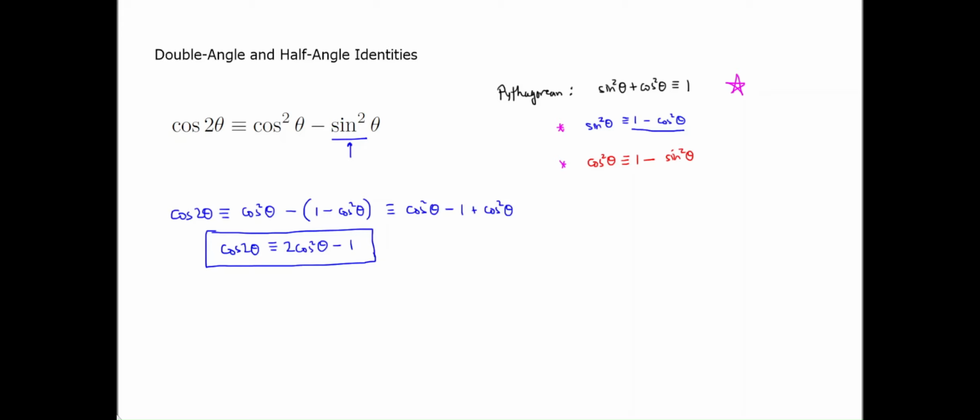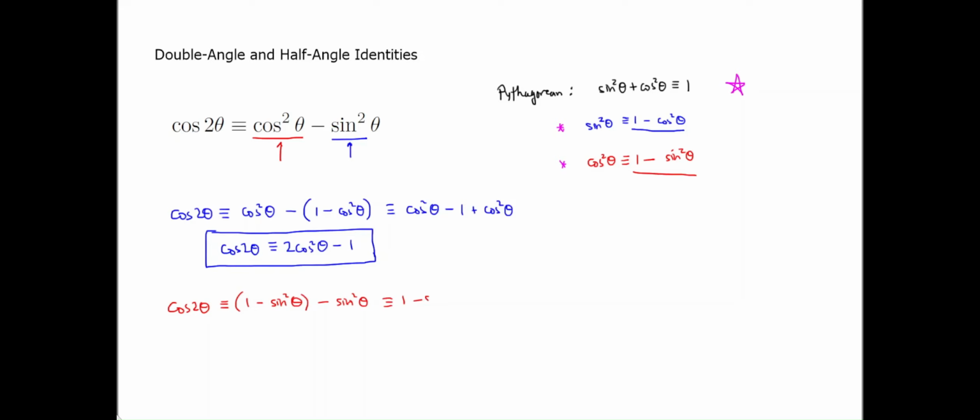Furthermore, we can substitute for the cosine squared using 1 minus sine squared. So if we do that, cosine 2 theta identical to 1 minus sine squared theta, in parentheses, minus sine squared theta. Now the parentheses here, unlike before, are really not necessary, but I've just put them there for emphasis.